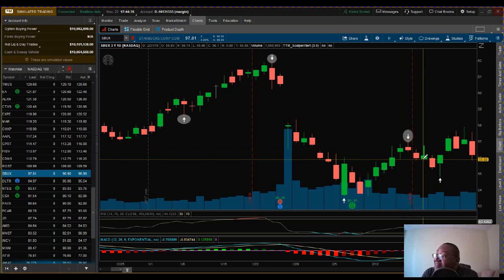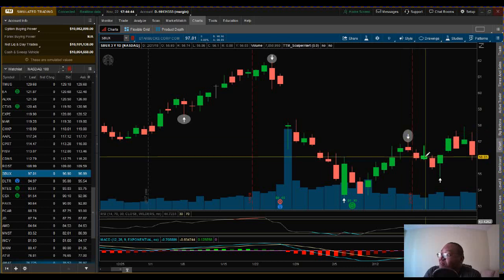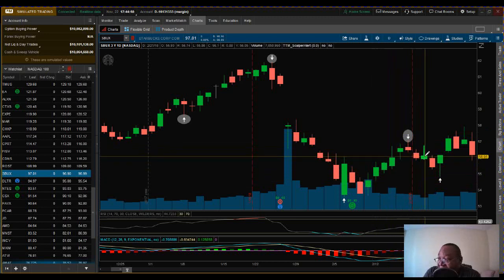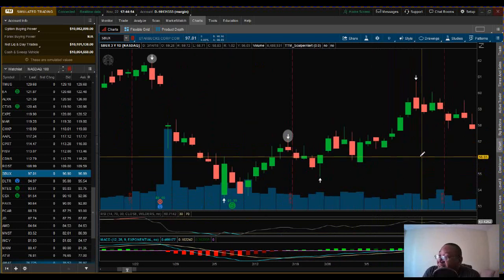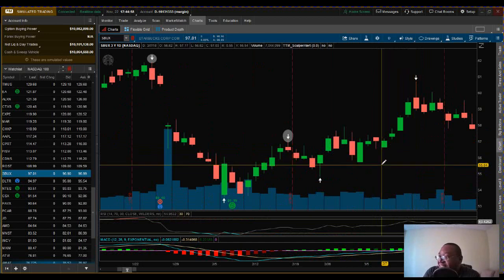But even if we did, let's say you didn't know about this and you waited till this indication came right here. Look, you still made money. Folks, this is the beauty of the TTM Scalper Alert.